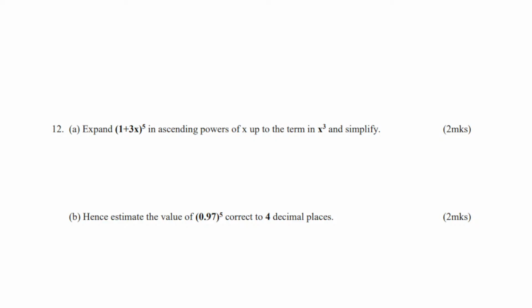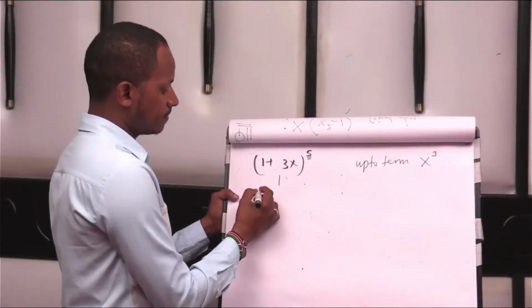Expand 1 plus 3x raised to power 5 in ascending powers of x up to the term x cubed, and simplify. So when you are told to expand this, you get factors of 5. By use of Pascal's triangle, you start by 1, 1, 1.